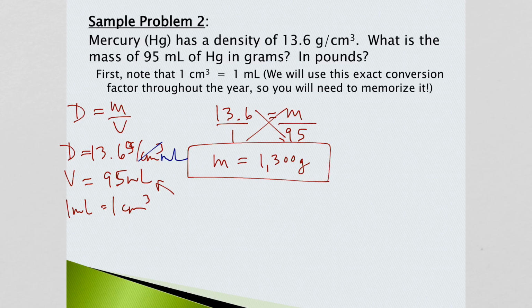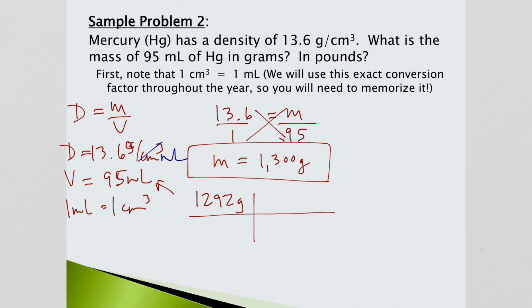The next thing it asks for is the mass in pounds. So the easiest thing is to take my answer in grams and simply convert it to pounds. But the answer in grams was not exactly 1,300. 1,300 is my rounded off answer. So when I'm going to take an answer from a previous step and use it to calculate something else, I shouldn't use the rounded off answer. I should carry additional significant figures.